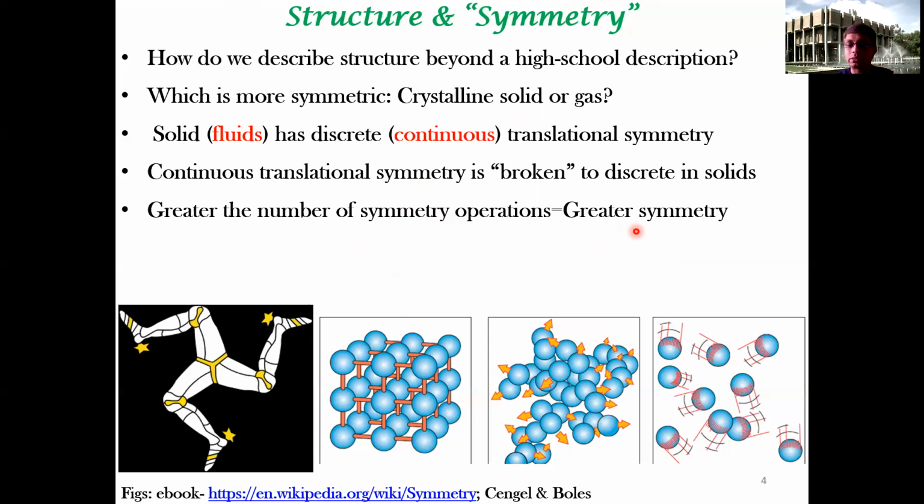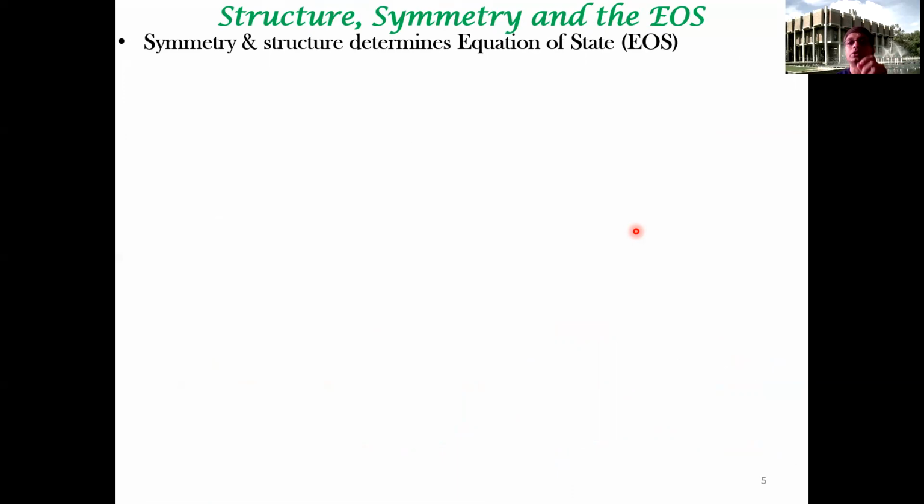That's an important thing. We'll come back to it when we look at phase diagrams. The next topic we are going to connect is called the equation of state. So the structure and symmetry determines the equation of state.